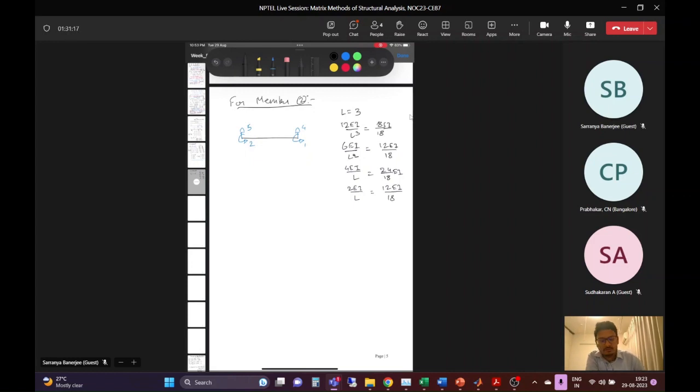These values I would urge you to check, but I don't think I would have checked if I had attended this class. But anyways, you will be solving a similar problem for your assignment also, so it would help.